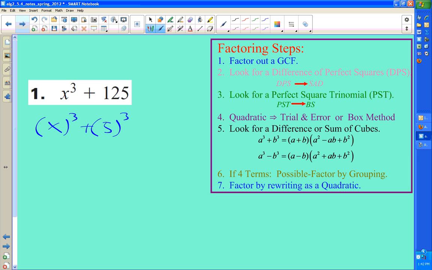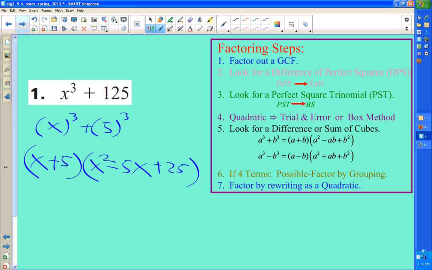Is there a problem? You're stuck on squares? You got to be thinking cubes, not perfect squares. So the cube root of 125 is 5. So it's first plus second, first squared, minus first times second, plus second squared.